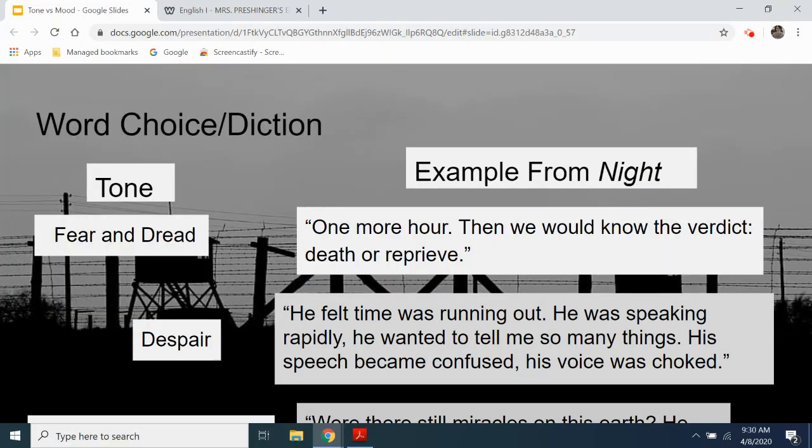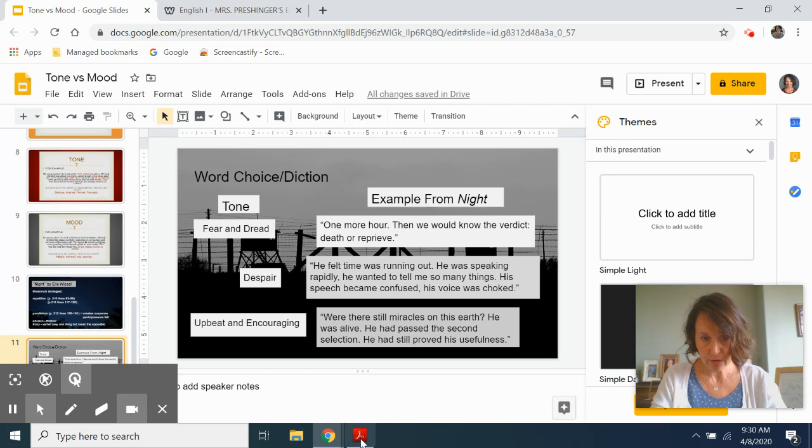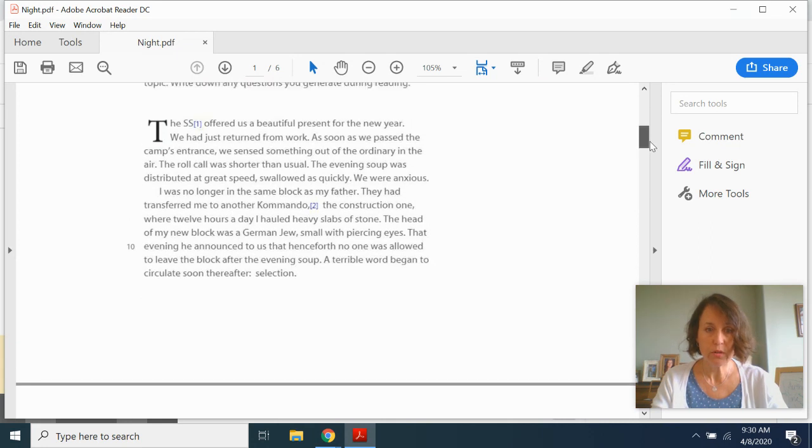So I want you thinking about that as we look at this particular PDF that I'm going to pull up from down at the bottom here, but you have it in your online textbook as well. Let's start off with some of those rhetorical strategies I was talking about. The verbal irony starts right off in the very beginning here. "The SS offered us a beautiful present for the new year." I want you to think about that for a minute. Beautiful present.